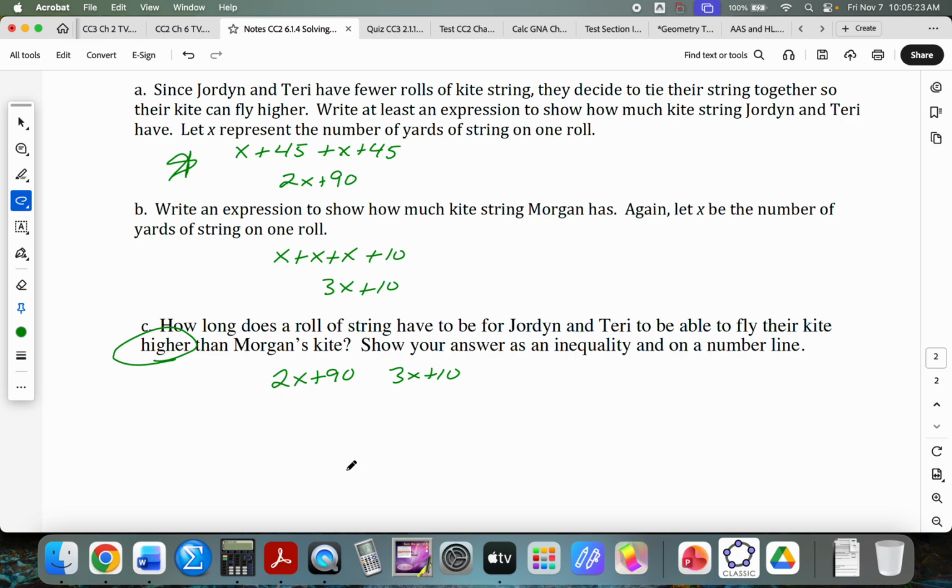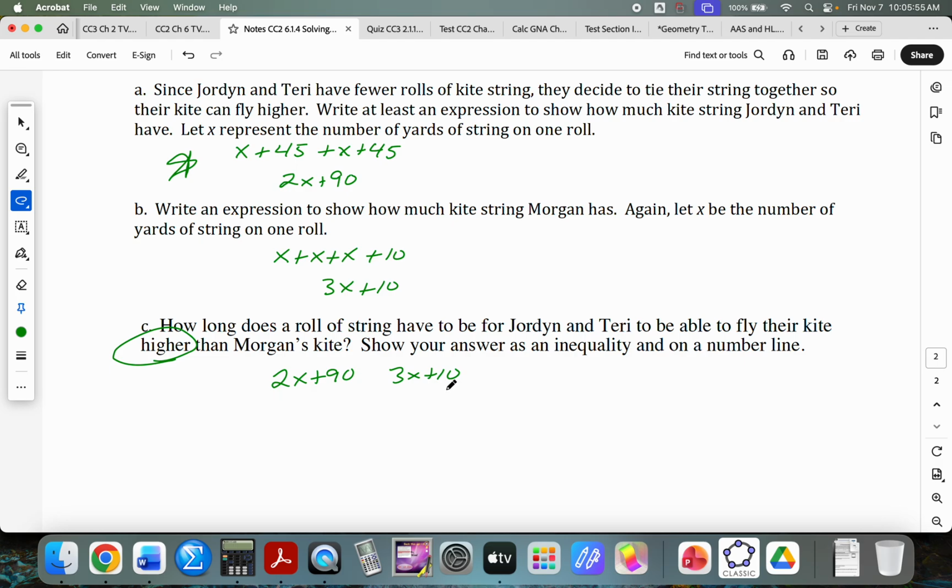If they're going to fly it higher, do they need the same amount of string? No. So which one needs to be bigger? Why am I getting no answers at all? Y'all with me? This is Jordan and Terry rather. We want their kite to fly higher than Morgan's.